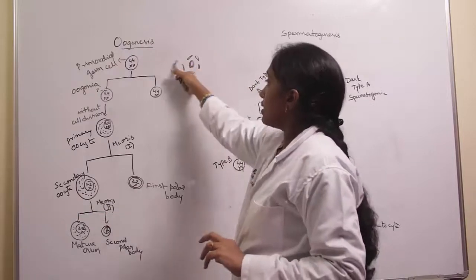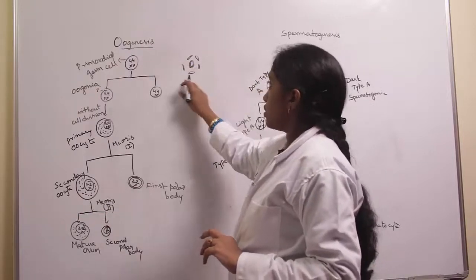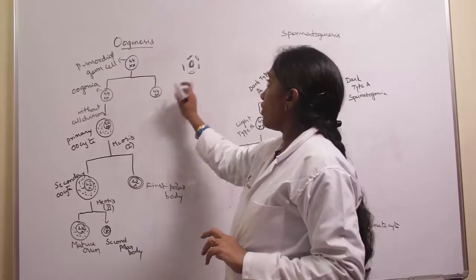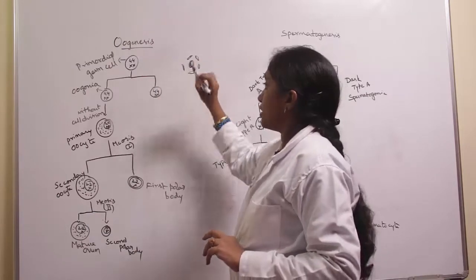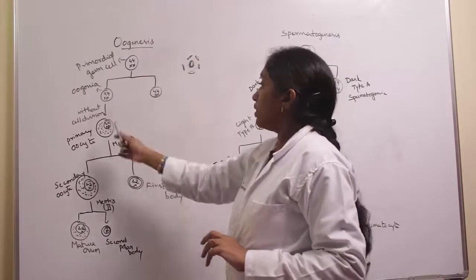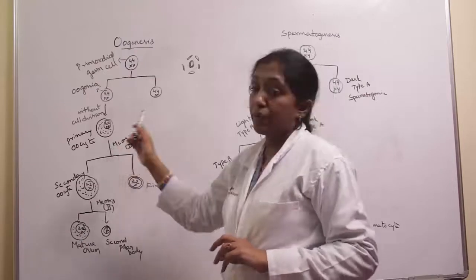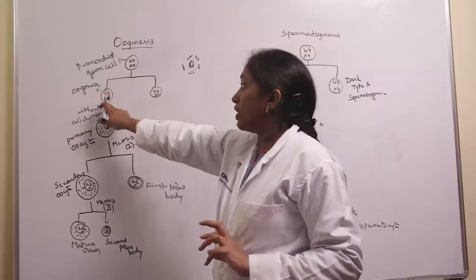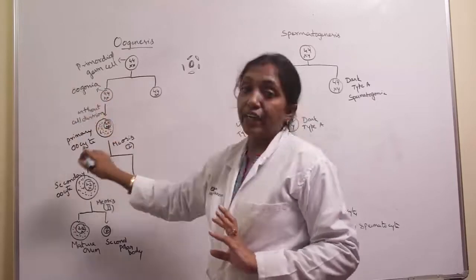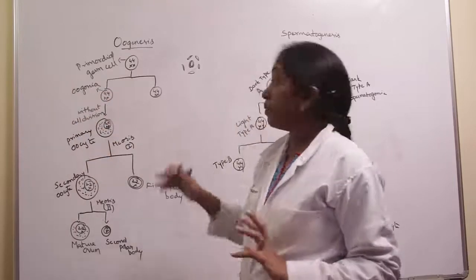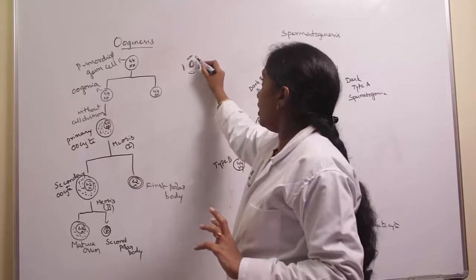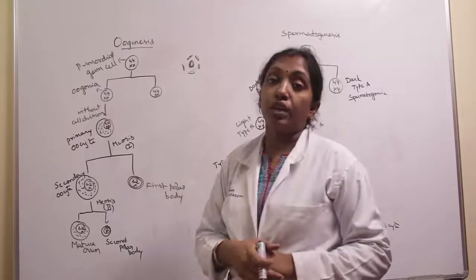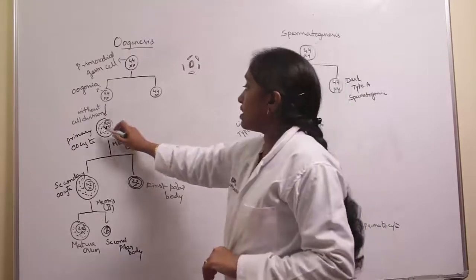So this is the primary oocyte, which is surrounded by a layer of follicular cells. After that, the primary oocyte undergoes meiosis 1. First of all, the oogonia are transformed into primary oocyte.